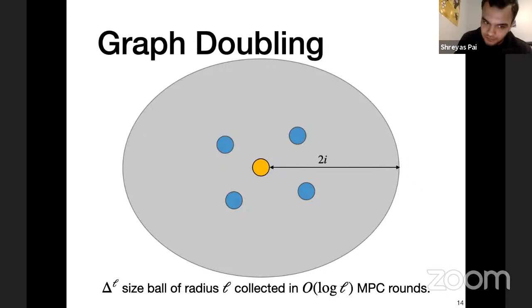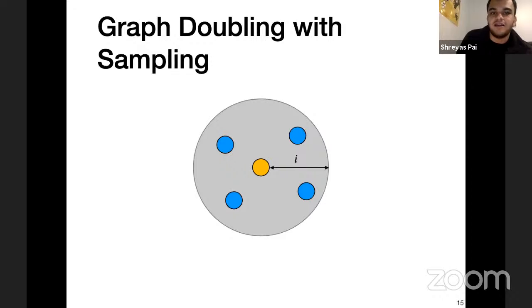And the main ingredient that we use in this paper is sampling information through the algorithm to somehow reduce the size of this ball. So let's say we have some information from the algorithm that tells us that these two gray vertices do not speak in the next i rounds.